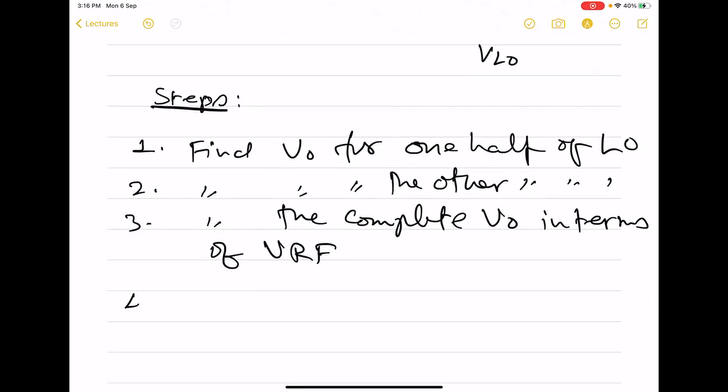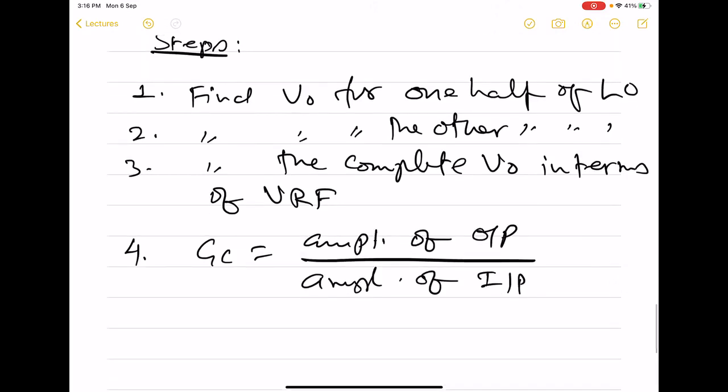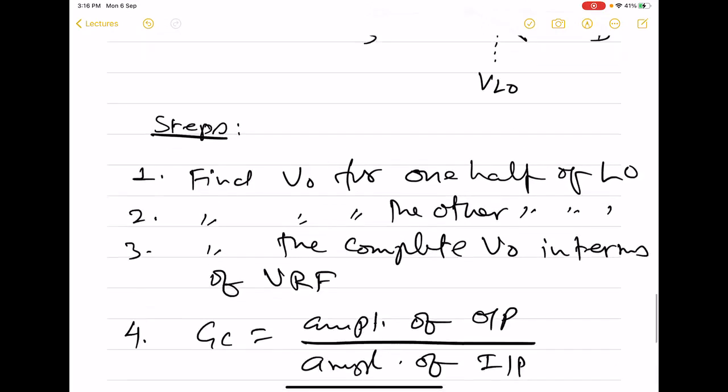And then find out the amplitude of this output, and that divided with that of RF. So this will give the conversion gain.